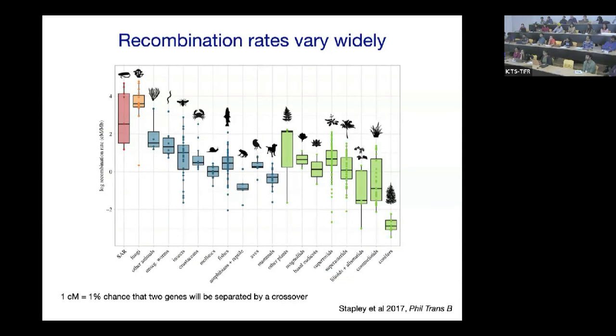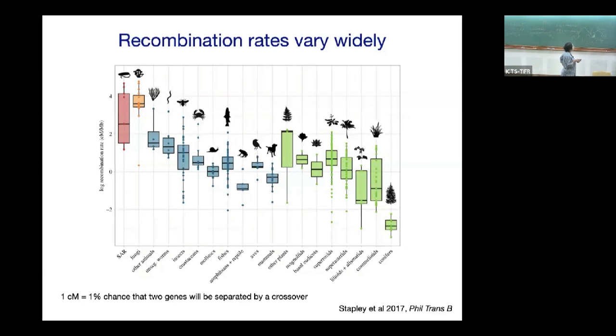Okay, and then the rate of this recombination varies widely across taxa. This therefore also becomes something important to consider in population genetics. As we said, recombination can shuffle new variation.